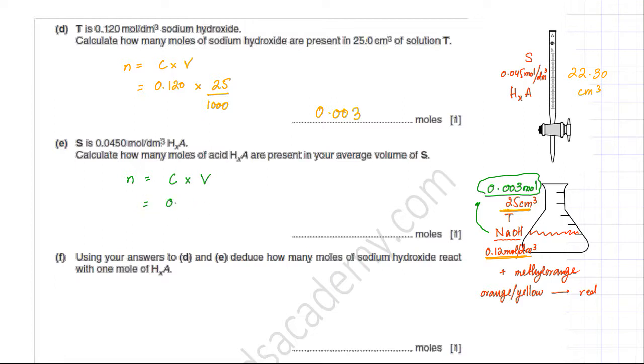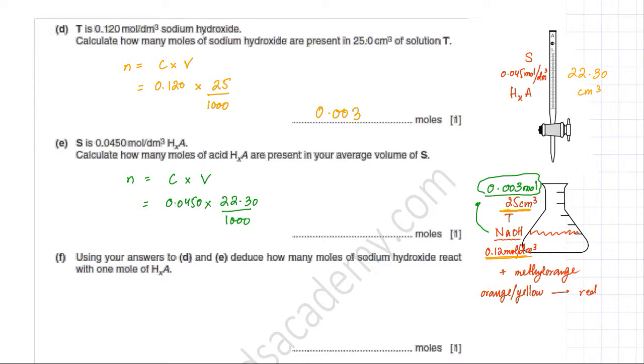The concentration is 0.0450 mole per decimeter cube, and the volume that's being used is 22.30 cm cube. So I need to convert that into dm cube, so I'm going to divide that by 1000.